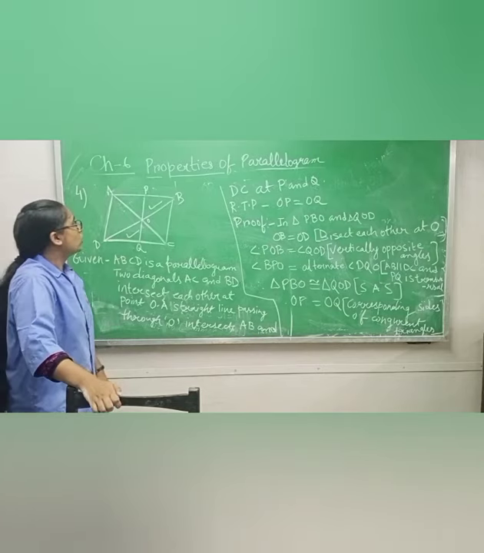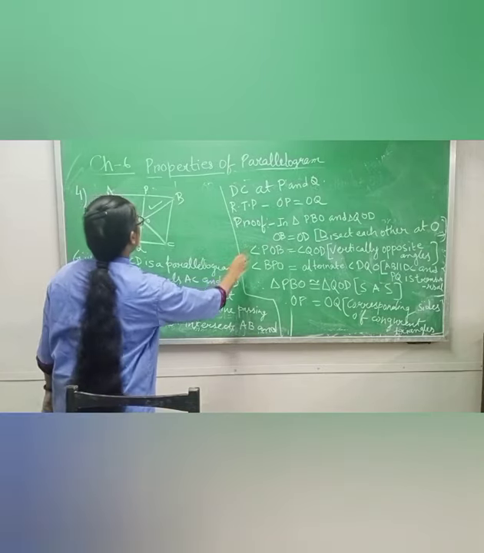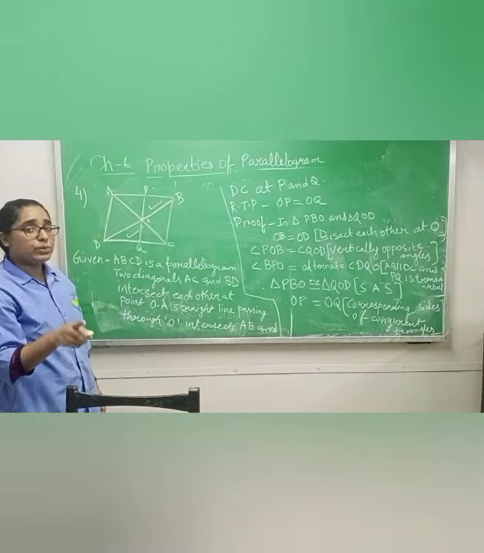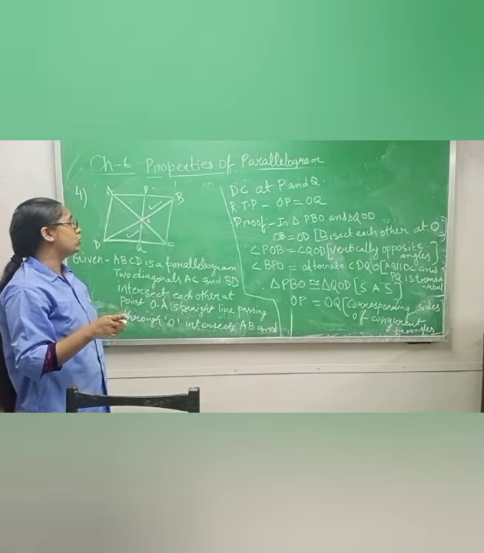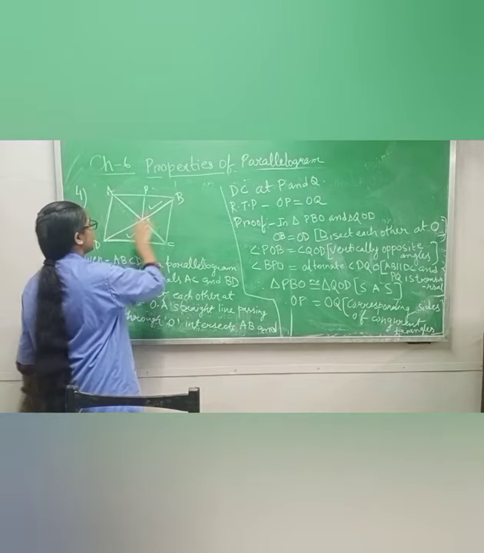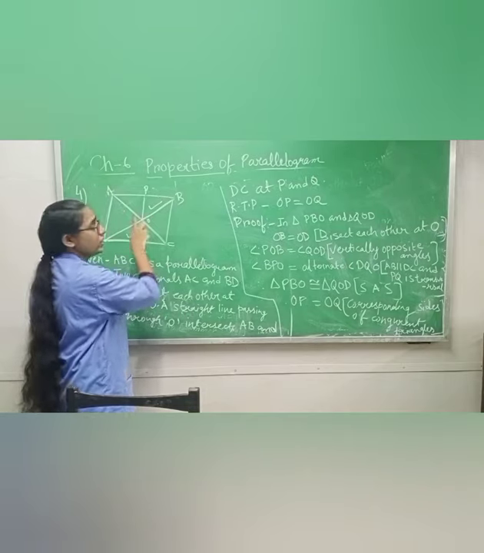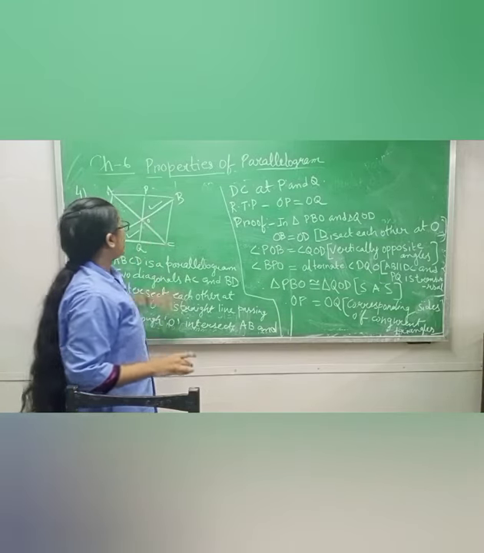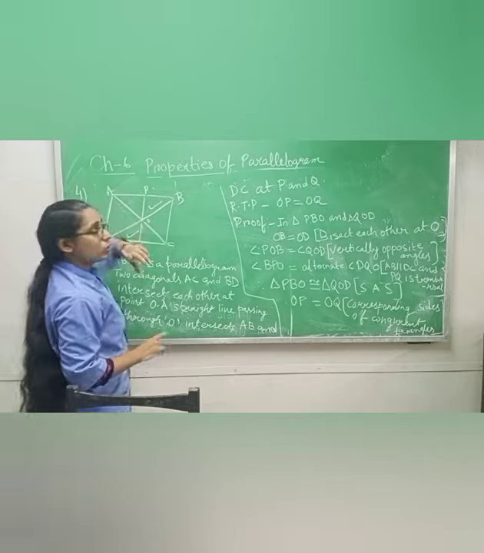Now you can see this: OB equals OD. In the last rider also we have done that. If O is the bisector, BD is bisected at point O, so OB and OD are both equal.